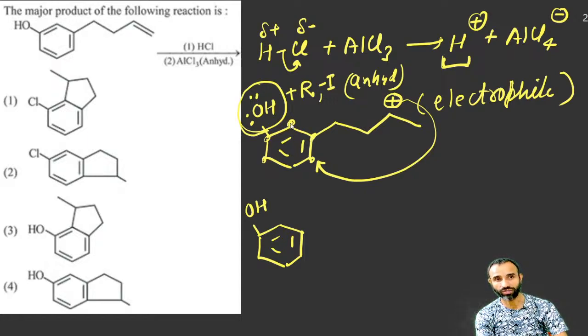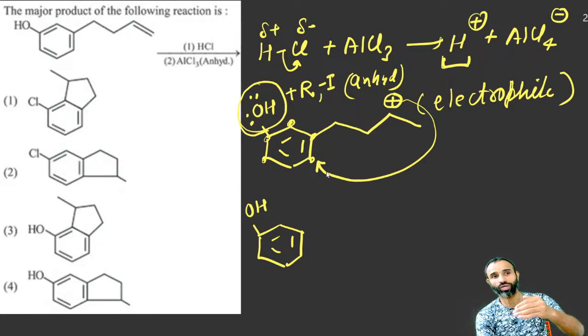This is the approachable position, but this is not, the electrophile will not attack here. The reason is simple, OH is closer to it, and the carbocation will attack at the position where electron density is more. So obviously para is the preferable position.